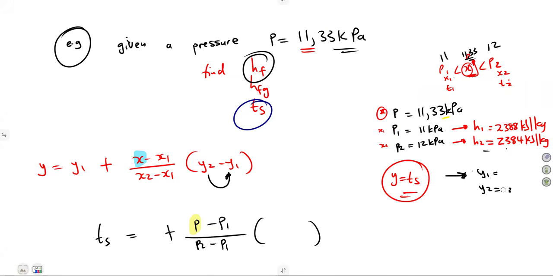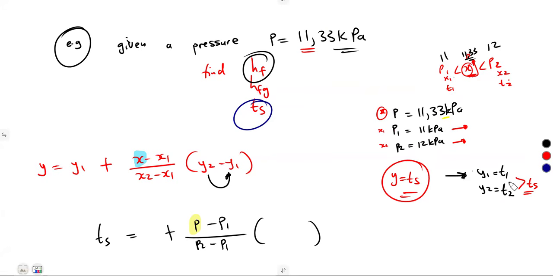Let me just write it here. Y1 is representing T1 from what you're calculating, and Y2 is your T2, which are simply temperatures representing Ts, your saturation temperature. Only that they are being calculated from these pressures P1 and P2.